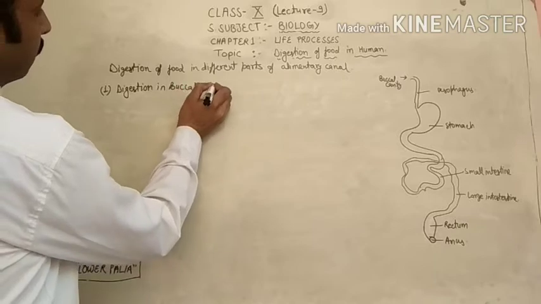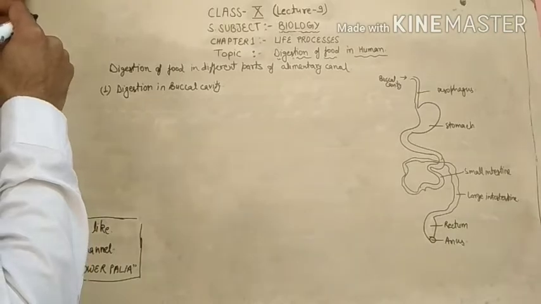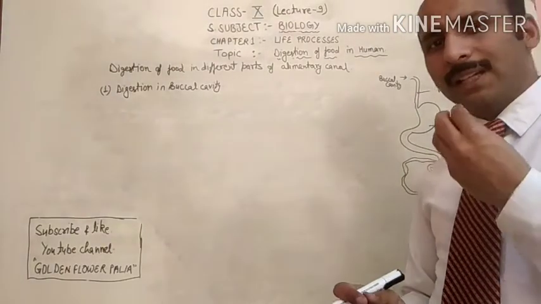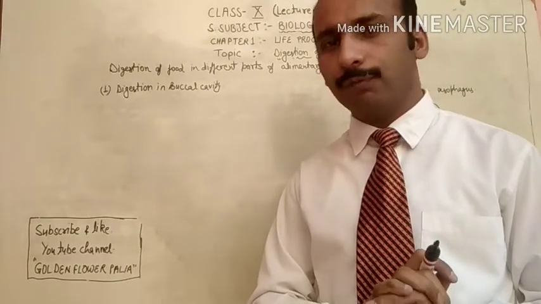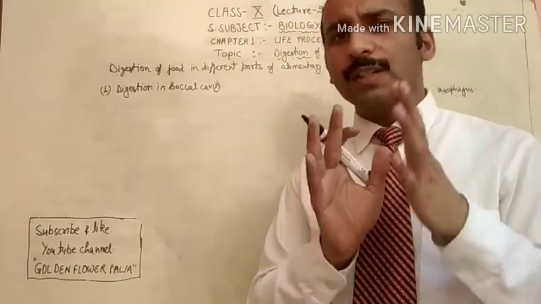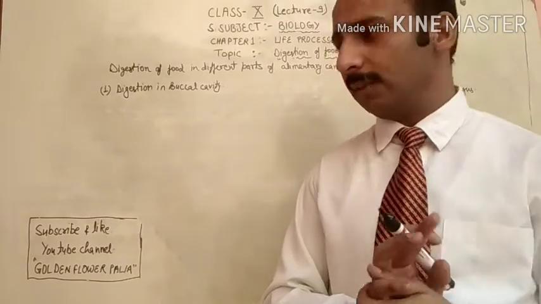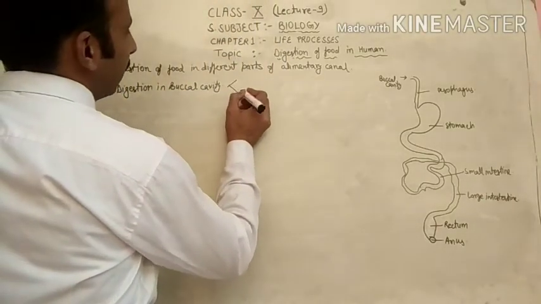Digestion in buccal cavity. So dear students, tell me one thing, what is the buccal cavity? The buccal cavity is the hollow space in the mouth in which you keep the food. So in the buccal cavity there are two types of digestion.